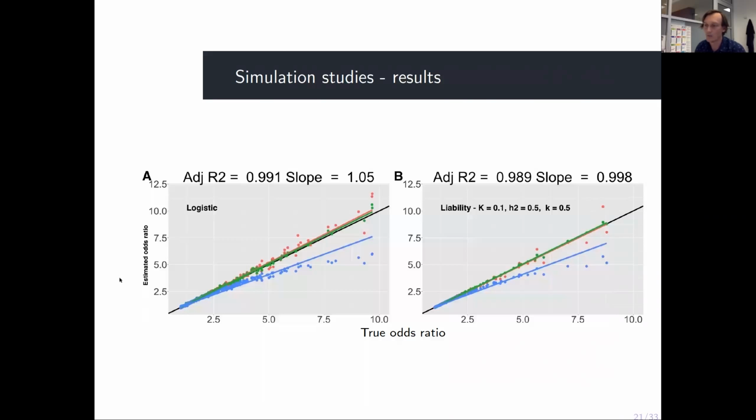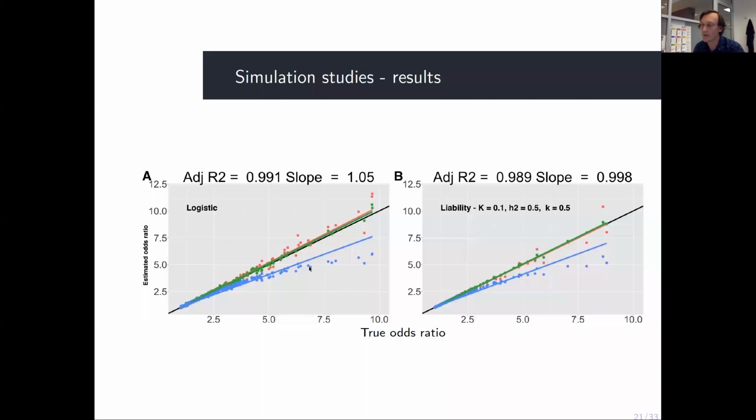And on the y-axis, I have the estimated odds ratio for logistic regression in green. The green line is the fitted linear model to the points. I have in red our transformed values, and in blue the transformed values from Pirinen's transformation.